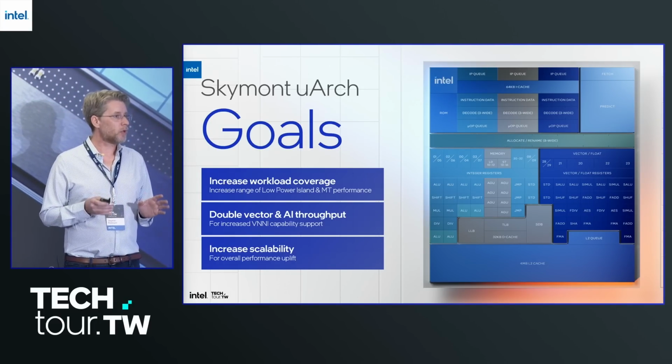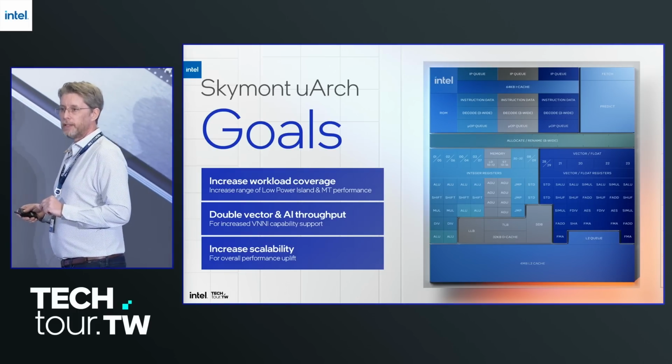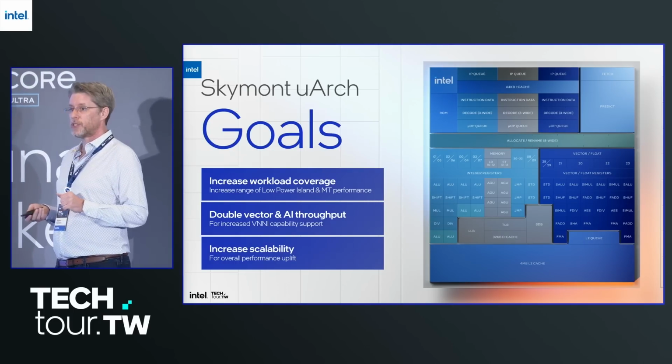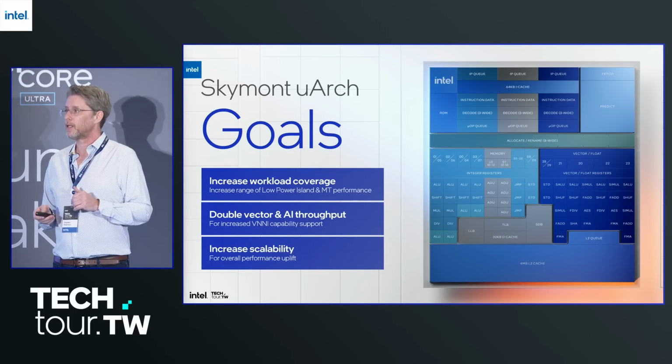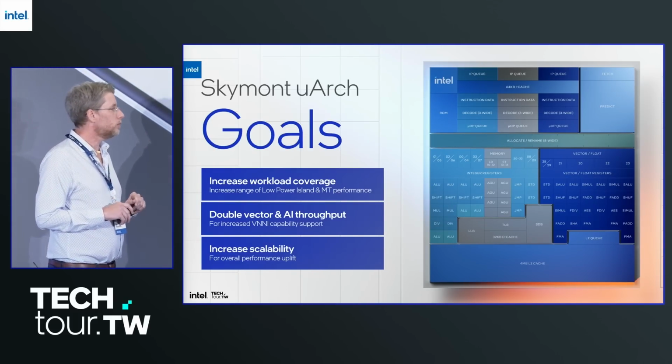So our key approach was to maximize what you can run on the low power island. Running on the low power island comes from a lower cost. It has efficient compute. So the more workloads that we can run on that low power island, the more your battery life is going to get better. So that was our goal.